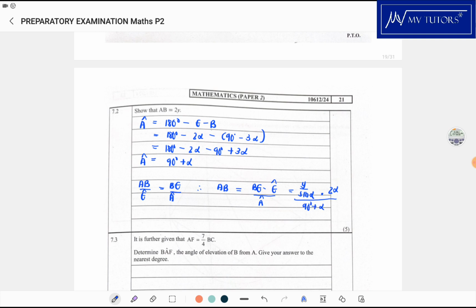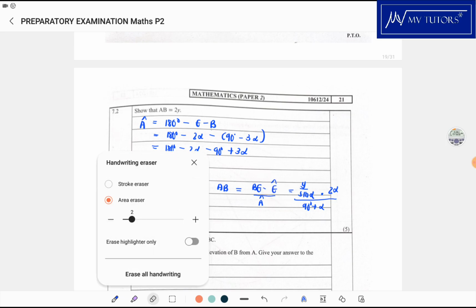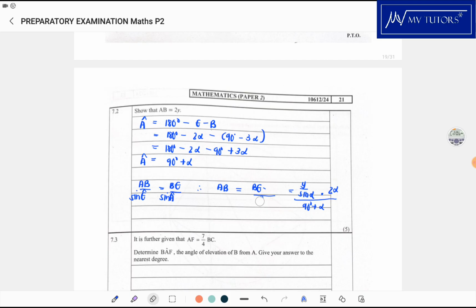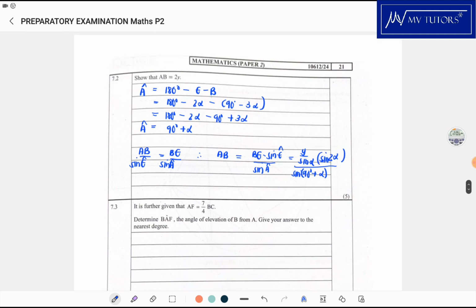Oh, snap. Thinking, what am I going to do? How am I going to cancel all of this? Okay, so we have sine alpha and we have sine 2 alpha. We have little space, but we'll work it out.